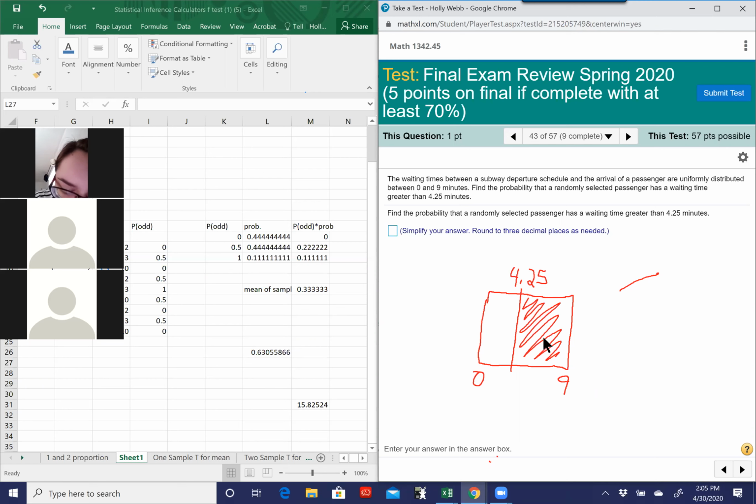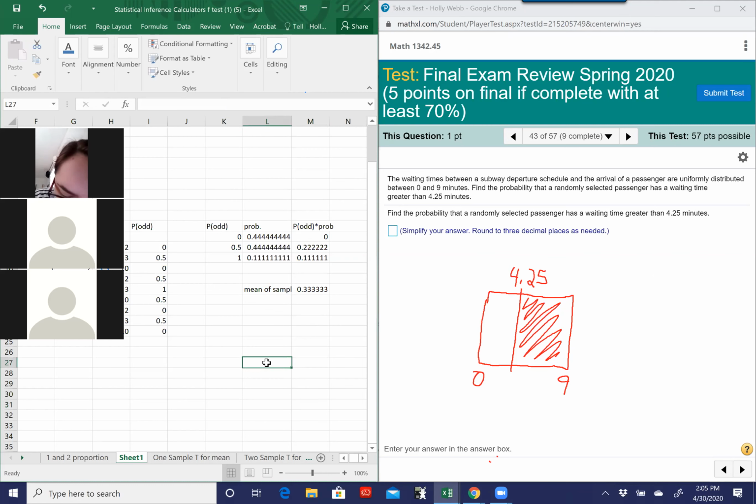Okay, great. So we want to find this area, and we don't need any special function in Excel to find the area of a rectangle, because we know the area of a uniform distribution is length times width, or length times height, correct? So let's figure this out.